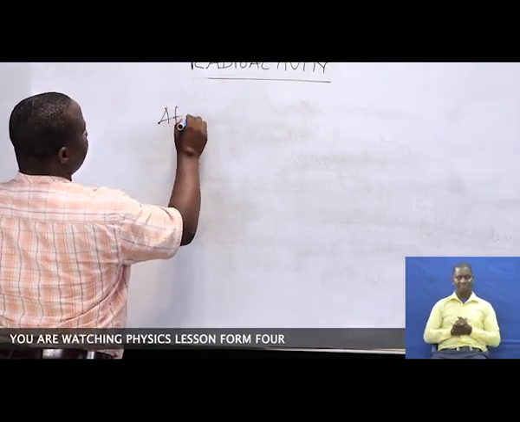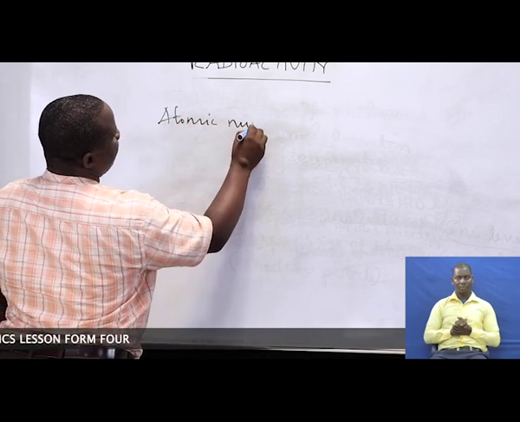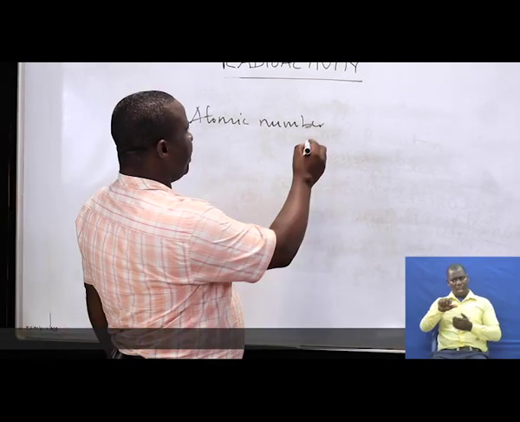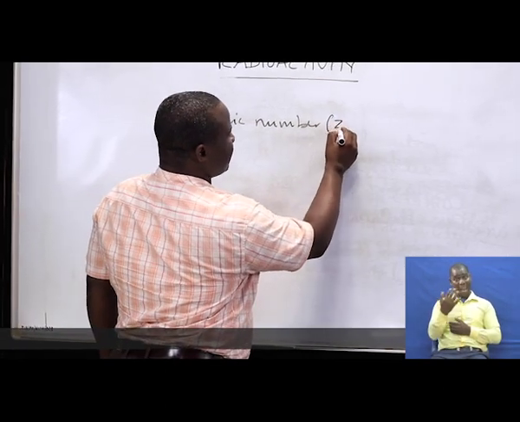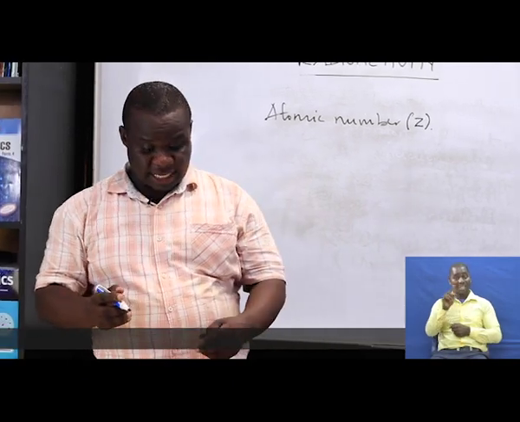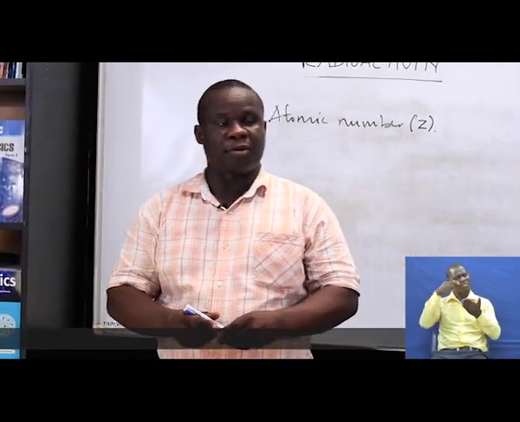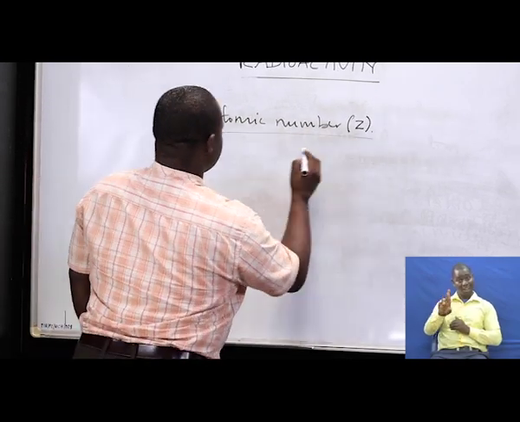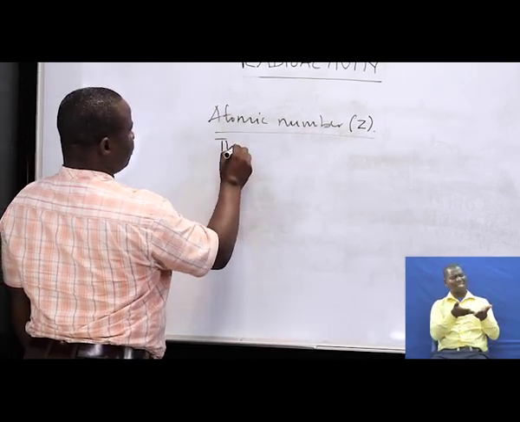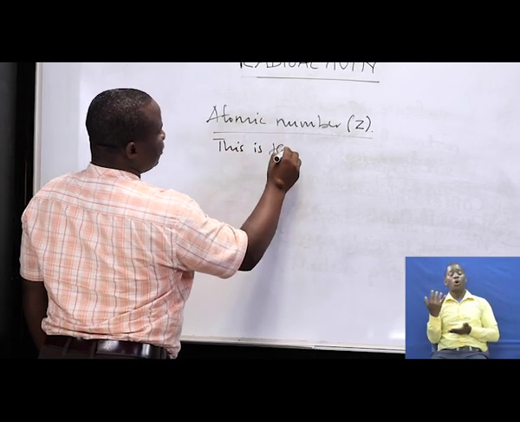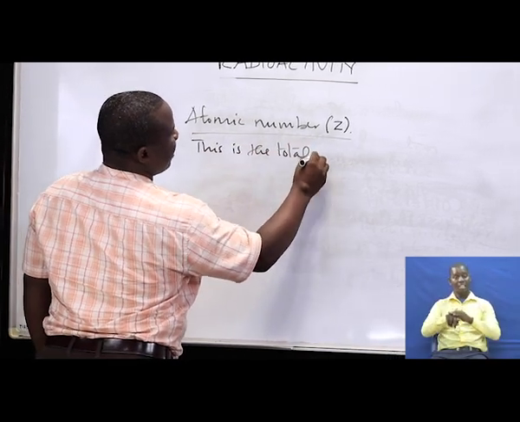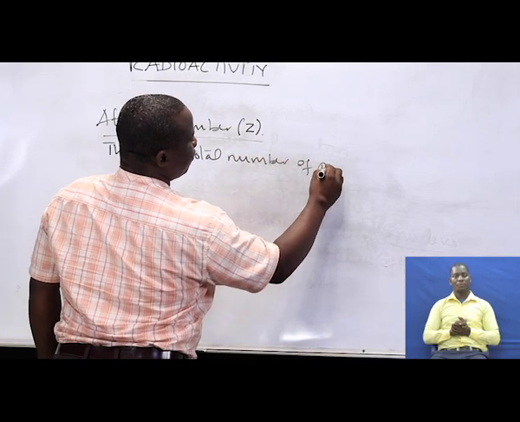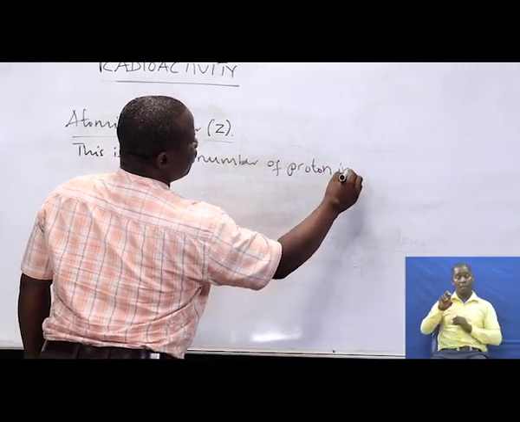Atomic number, sometimes presented symbolically as Z, can be defined as the total number of protons in the nucleus.